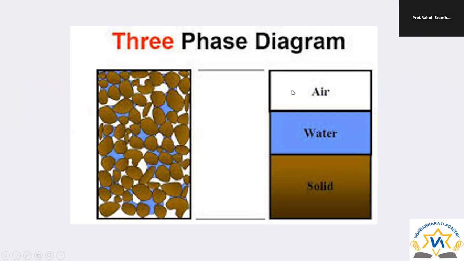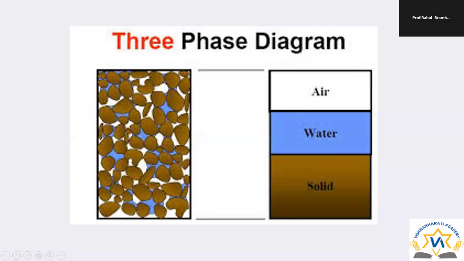The voids present in the soil are the air present in the soil. Then some portion contains water, that is the moisture content present in soil. And the main minerals of soil are the solid part of the three-phase diagram.